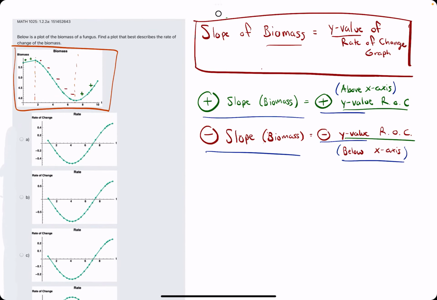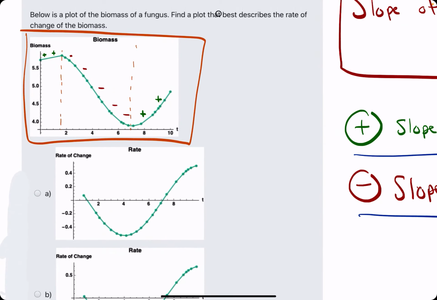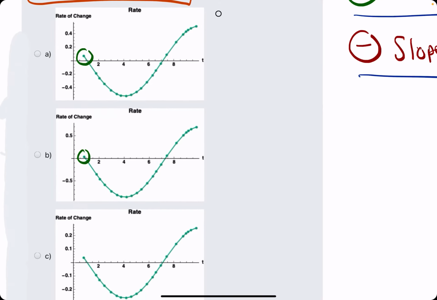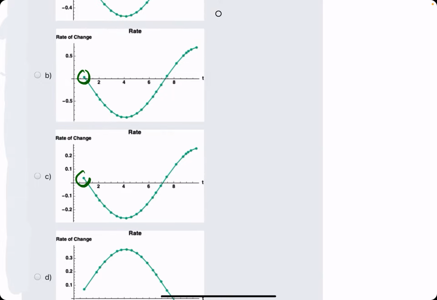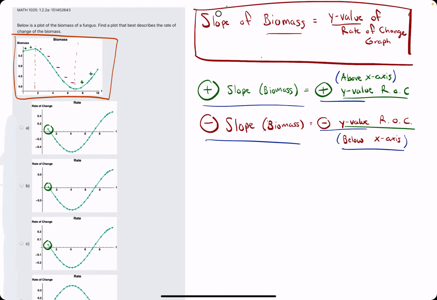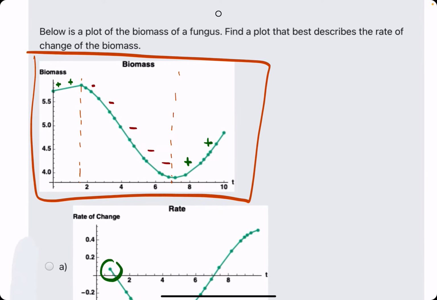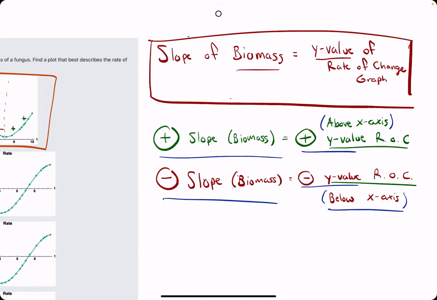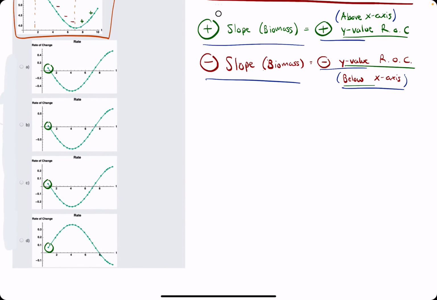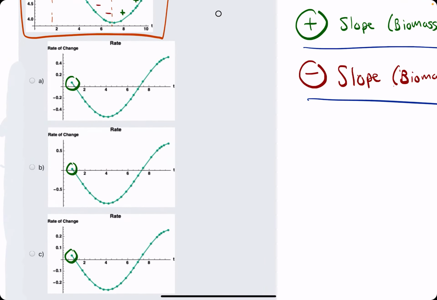So which of these graphs start above the x-axis? It looks like A, B, barely, C, and then D. It looks like they all start above the x-axis, but which ones of them actually change to below the x-axis, or have negative y values, a little before t equals 2?